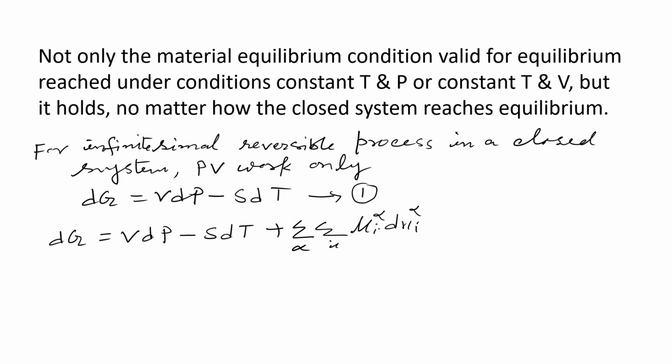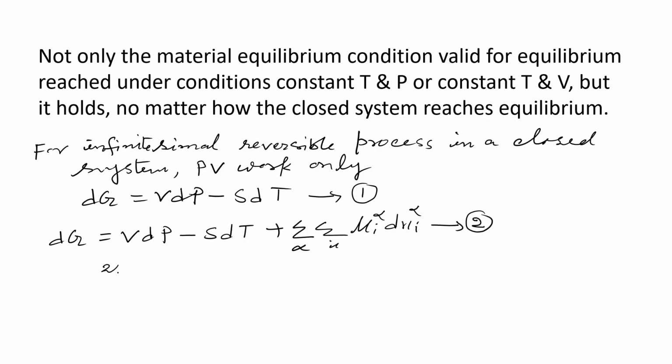This is the key equation, and the conditions are: closed system, PV work only, at constant temperature and pressure, whatever it is. So this is my equation number 2.